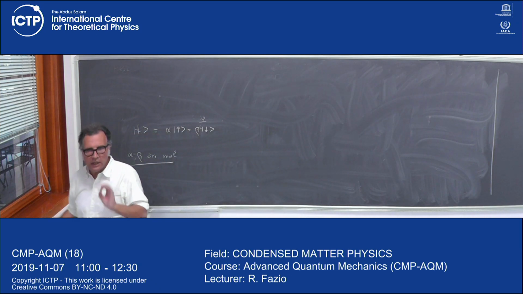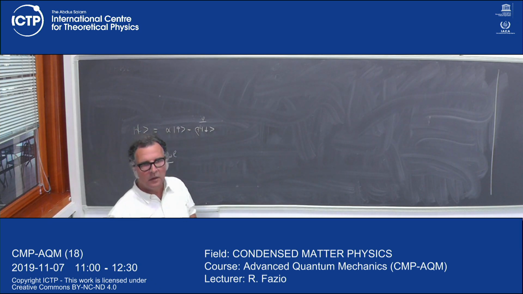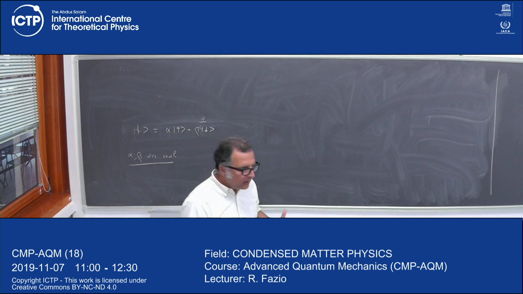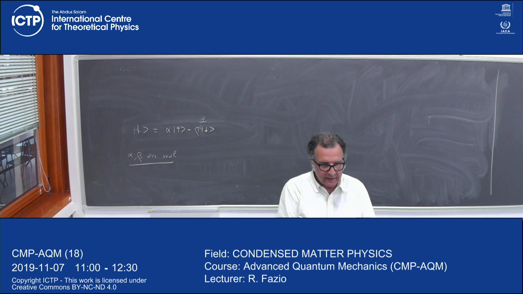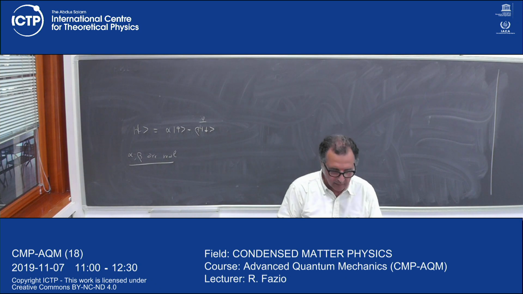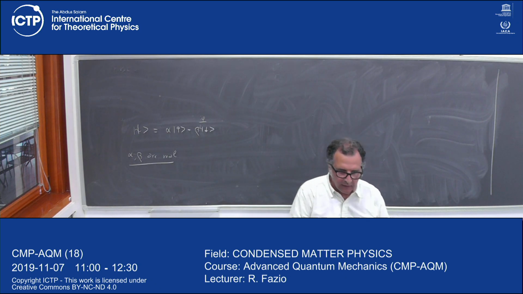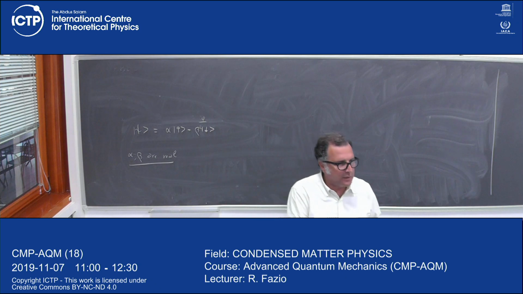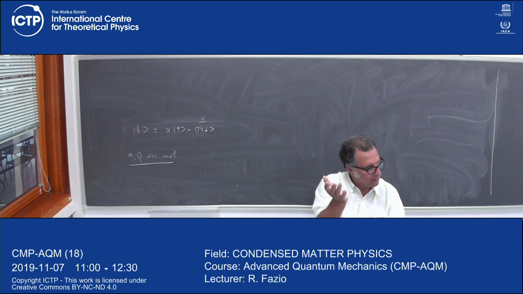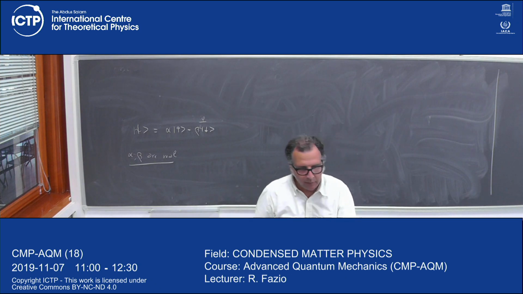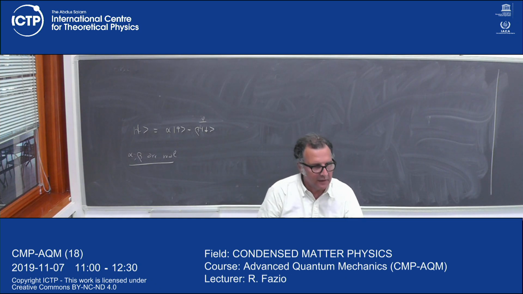So what you did was that if I give you an ensemble of systems prepared in the same state, then you start doing measurements. You take the first 1 million systems, and you put the Stern-Gerlach along Z. Then you take the other 1 million, and you rotate in such a way.